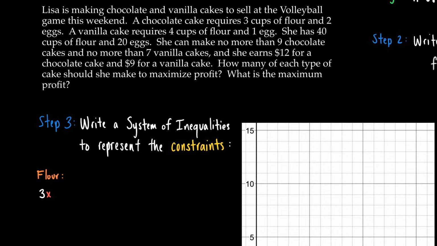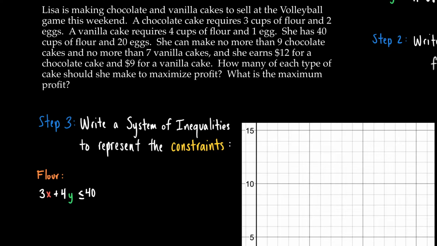That's the amount of flour we use for chocolate cakes. How much flour are we going to use for vanilla cakes? If they each require 4 cups and Y is the number of vanilla cakes, then it's 4Y. Altogether, we need that amount of flour to be less than or equal to 40 cups. So that right there is our flour constraint.